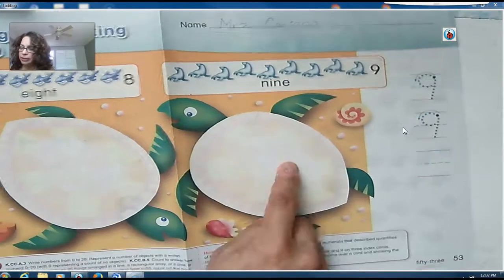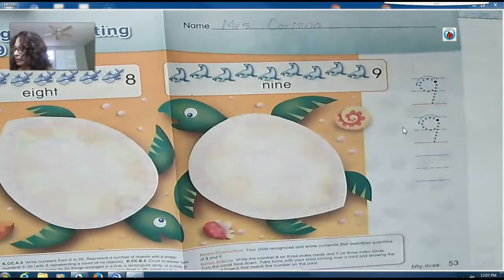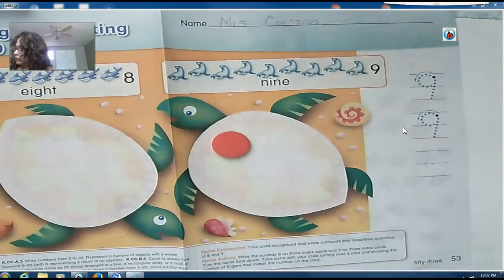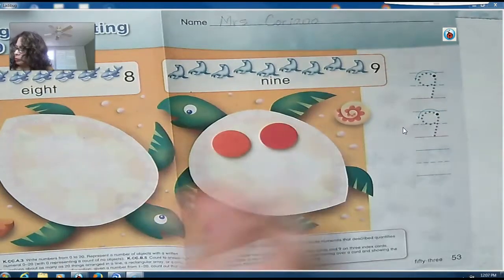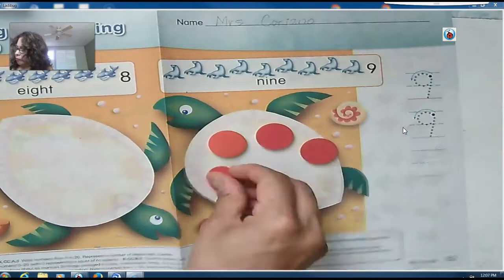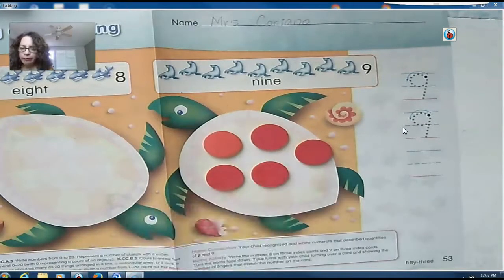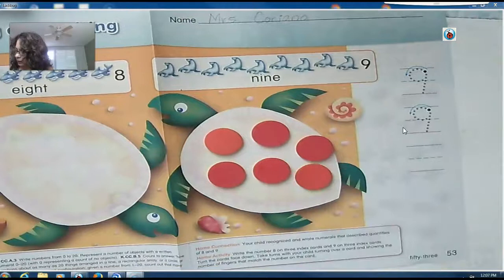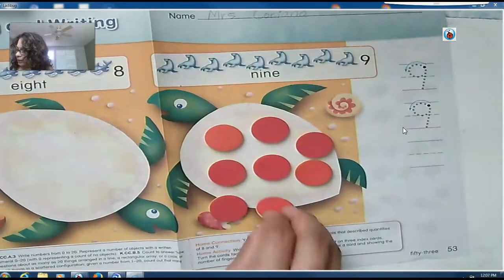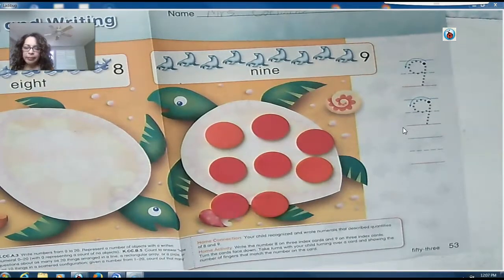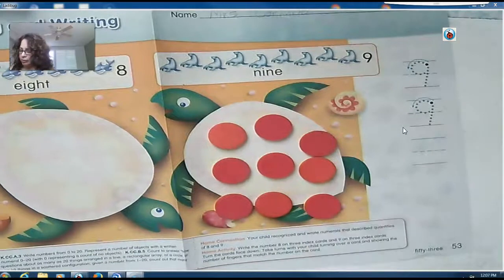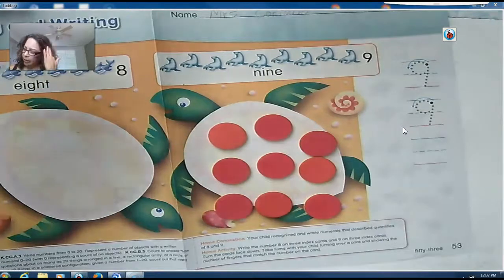Let's show it on this turtle right here. 9. Ready? 1, 2, 3, 4, 5, 6, 7, 8, and last one, 9. So that's what 9 looks like with our counters.